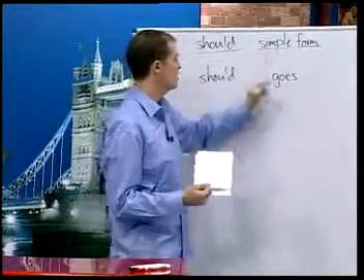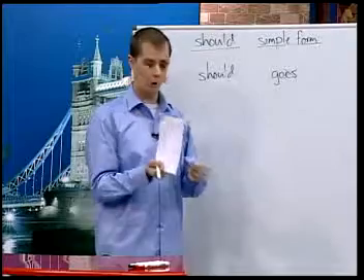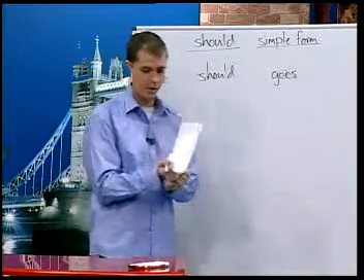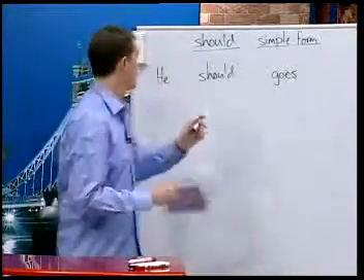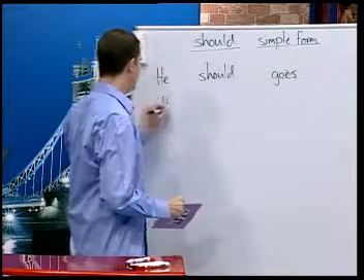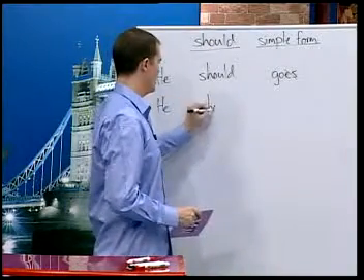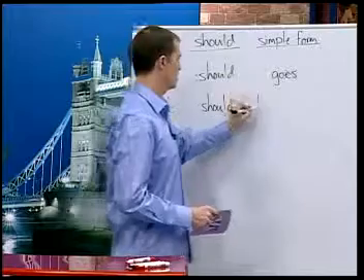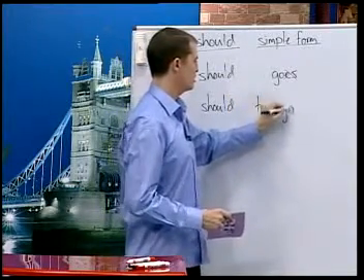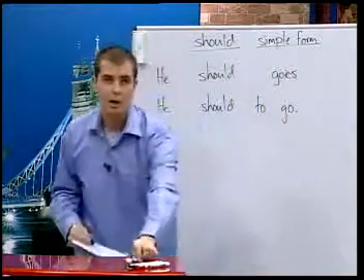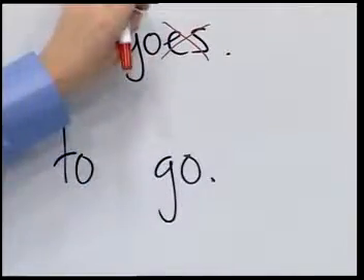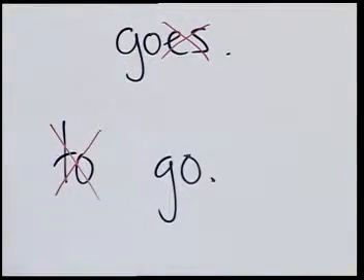He should, simple form, he should go. Let's do another one. Infinitives also are incorrect. He should to go. It's wrong because to go is not the simple form. He should go. It's easy.